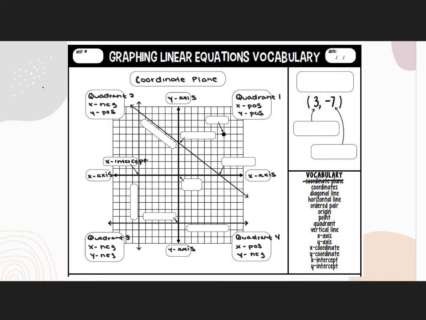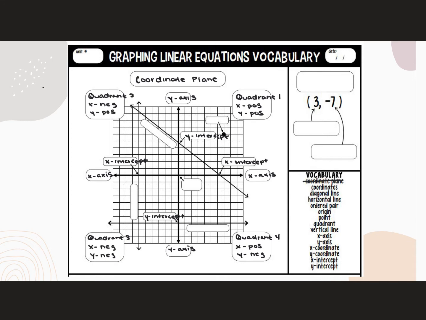Then we also know, of course, when it intercepts the y-axis, it is a y-intercept. We have another example of an x-intercept, and a y-intercept. So anytime it crosses the y-axis, it is a y-intercept. Anytime it crosses the x-axis, it is an x-intercept.